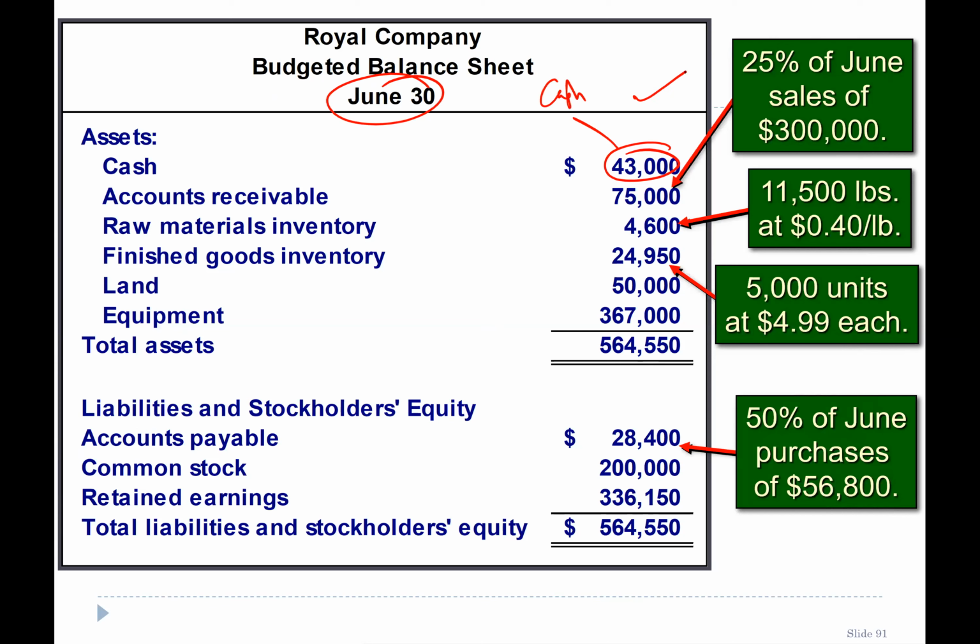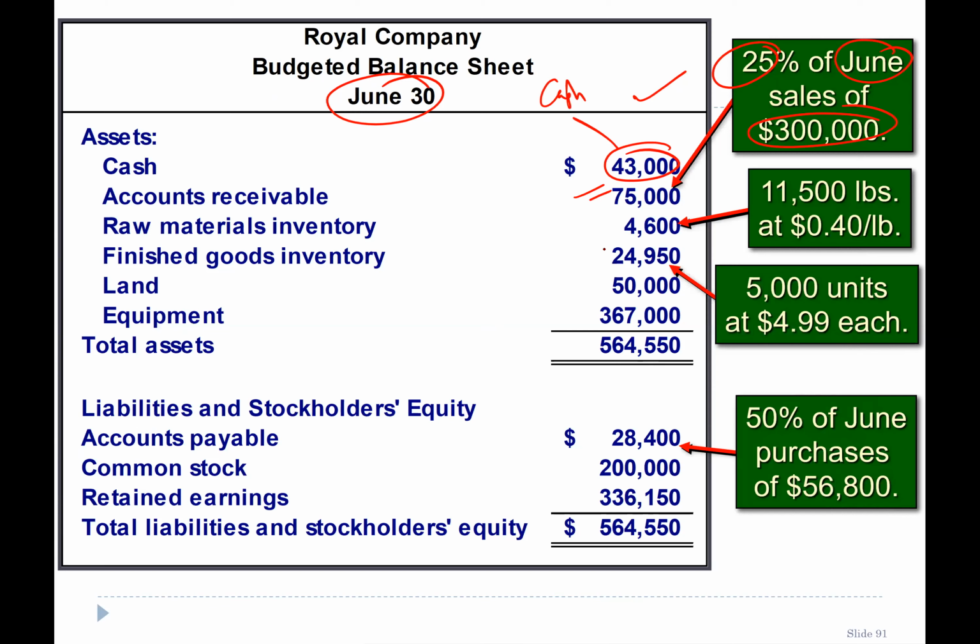Accounts receivable is 75,000. Why? Because 25% of sales of June is going to be received in July. So our accounts receivable is 75,000.